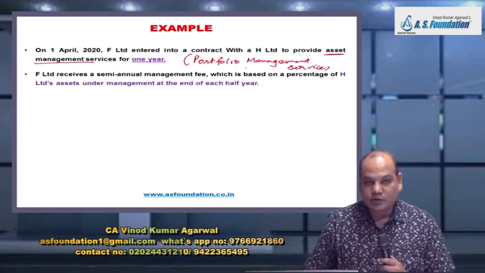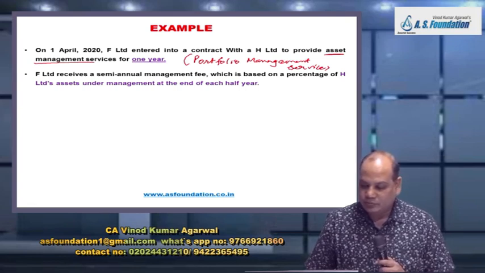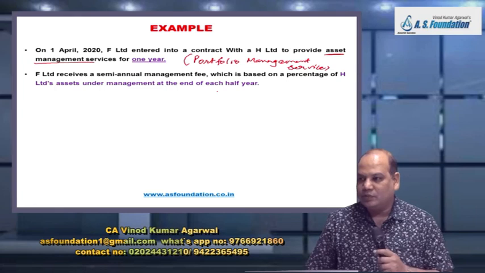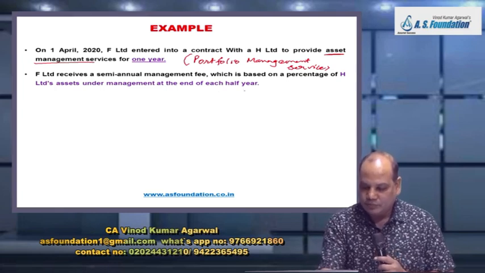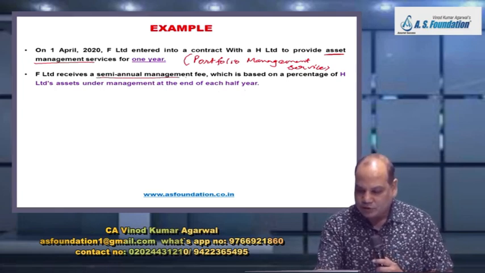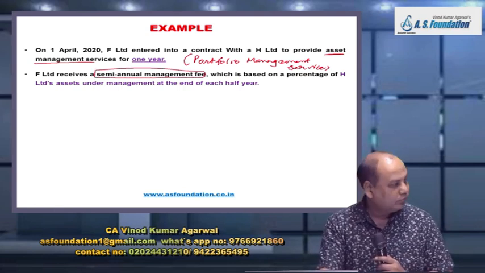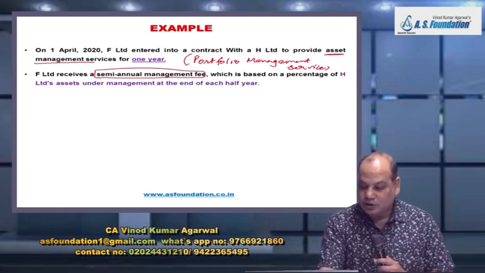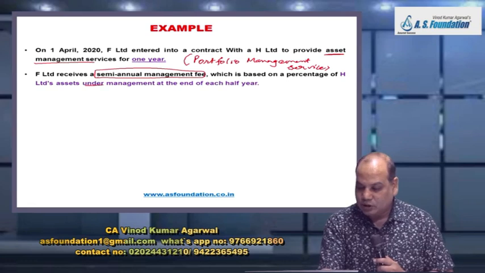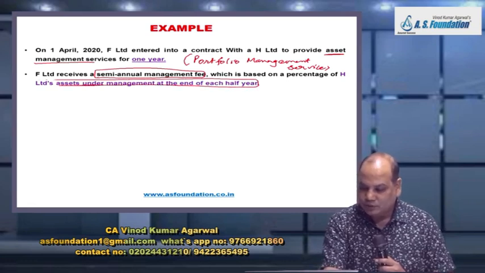F Limited receives a semi-annual management fee which is based on a percentage of H Limited's asset under management at the end of each half year. So how is the fee calculated? The fee is calculated based on asset under management at the end of each half year.